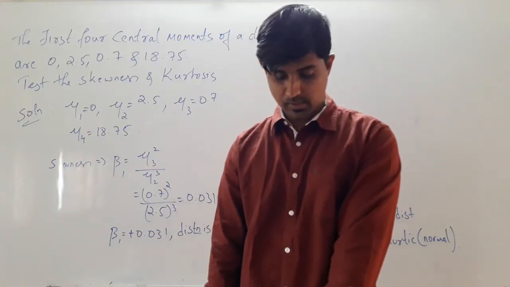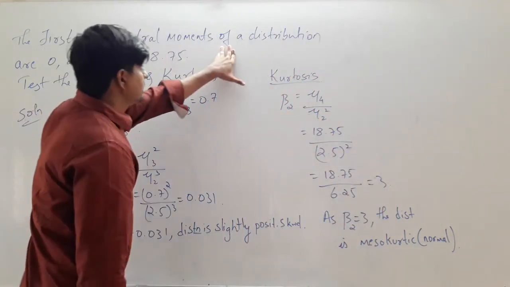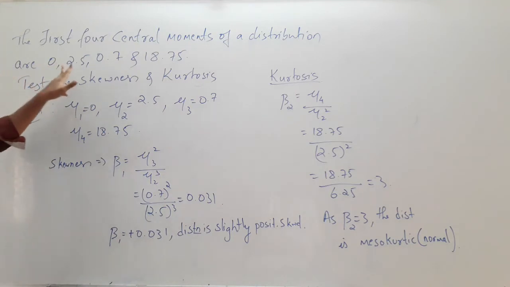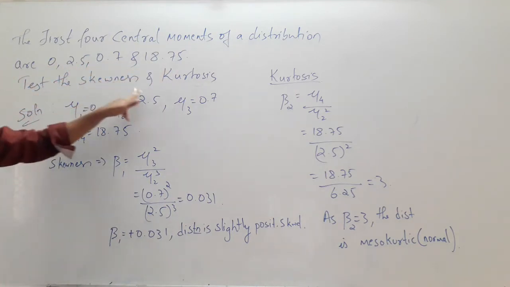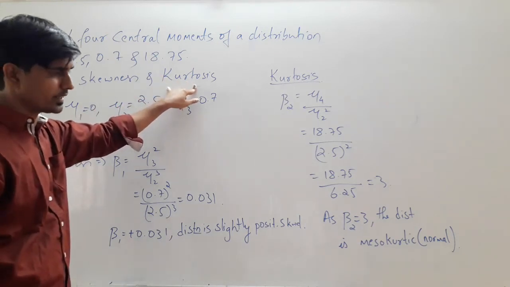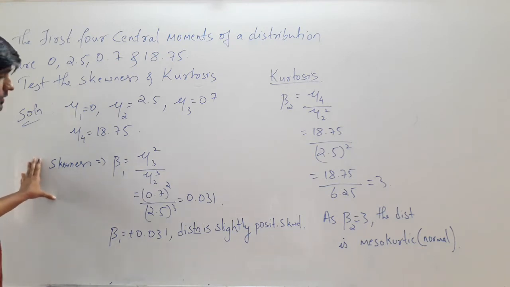Next problem: the first four central moments of a distribution are 0, 2.5, 0.7 and 18.75. Test the skewness and kurtosis. As I said, there are different ways of finding skewness. The last two were two different formulas. Now by central moments also we can find out skewness.